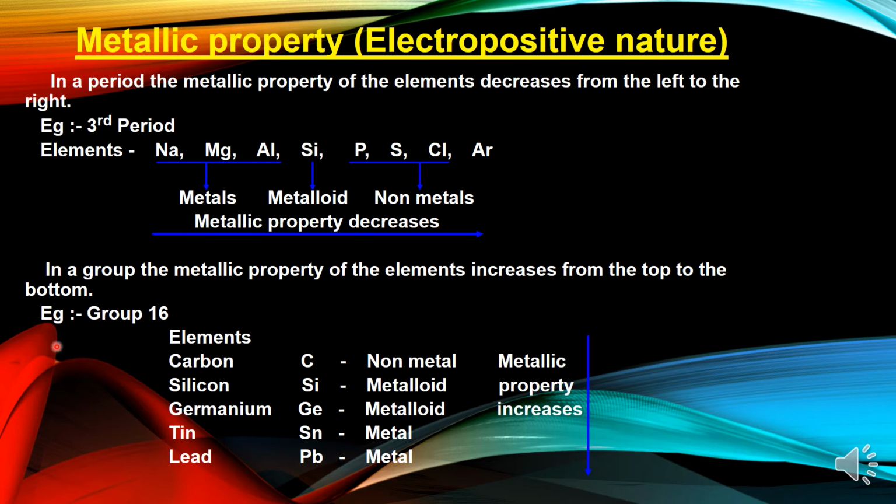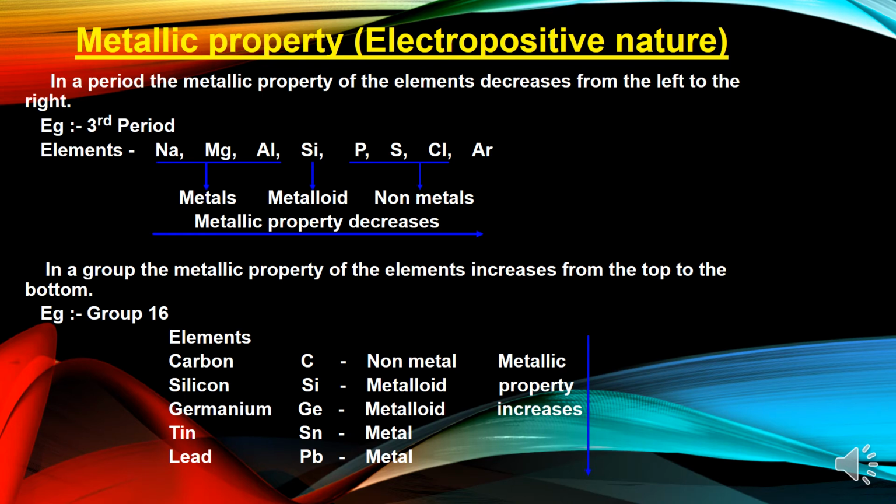Now children, let's take the example of group 14: carbon, silicon, germanium, tin and lead. Children, carbon is a pure non-metal. Silicon and germanium are metalloids, and tin and lead are metals. See carefully, while we are moving from top to bottom in a group, the metallic property increases, and it increases because of size.